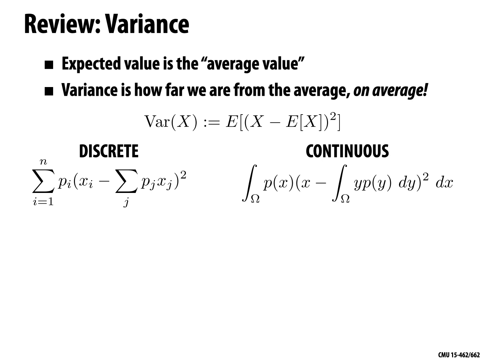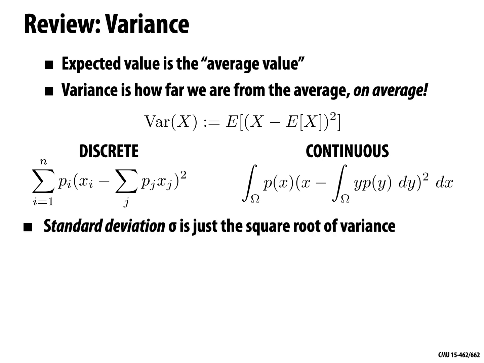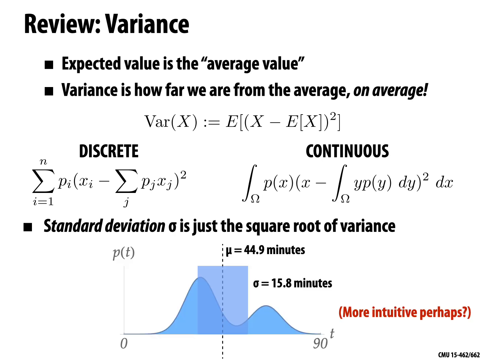Now, there's a quantity very closely related to the variance, which is the standard deviation. The standard deviation, which we usually write as sigma, is just the square root of the variance. And in some sense, this can be more intuitive. So if we're talking about our probability distribution of falling asleep in class, we know that the expected time of falling asleep is 44.9 minutes, but the variance is pretty big, right?